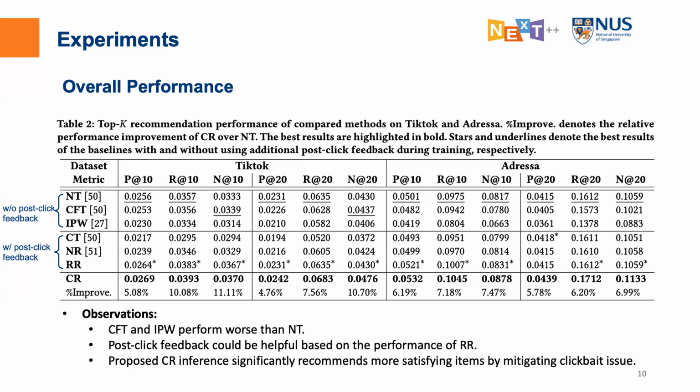Maybe I'm just not understanding how you defined the methods. The first three methods, as they say, are without post-click feedback, you mean you train them without post-click feedback, but then you evaluate them with post-click feedback? Yes. Okay, I understand. It means that there is no post-click feedback during training.